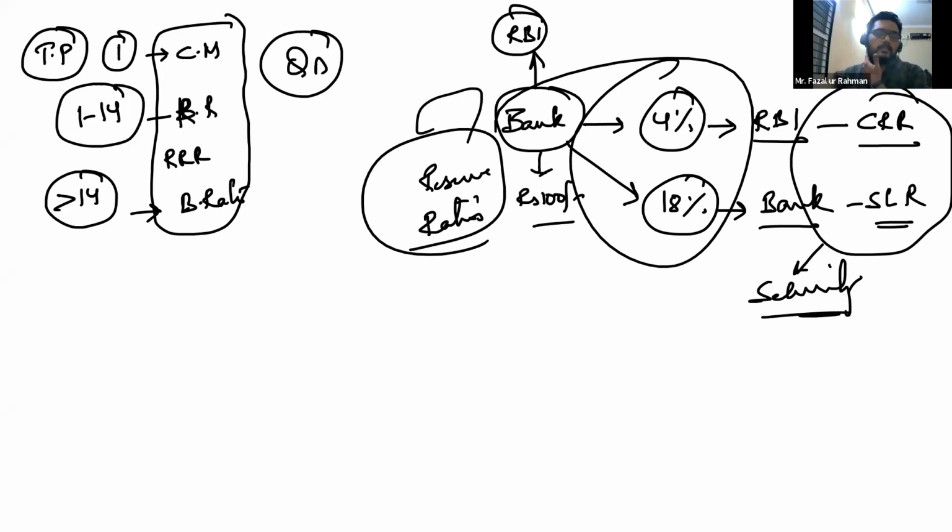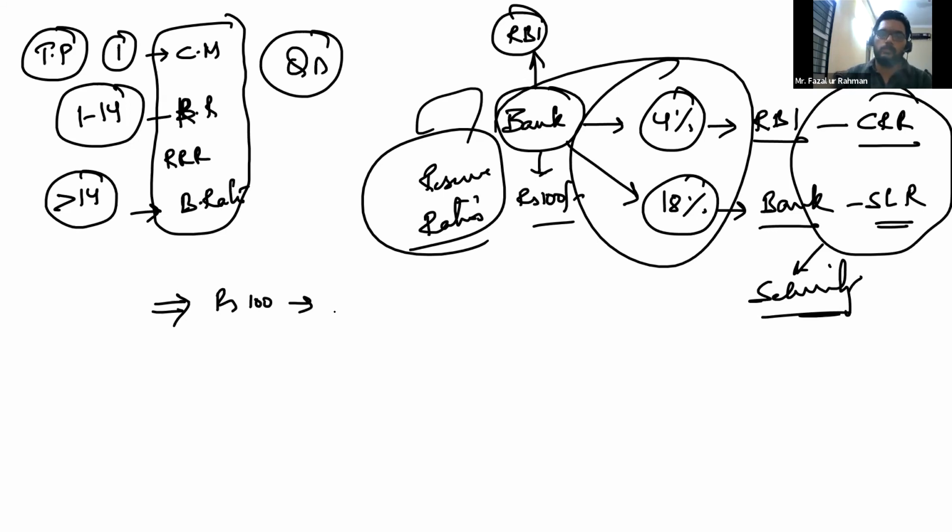Other than these reserve ratios, we'll go to the regular topic which we have left now. We have something more than security reserves. I told you, you started a bank with rupees 100. 4 and 18 becomes 22.